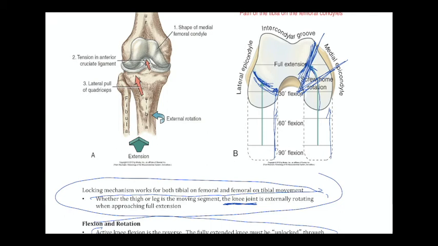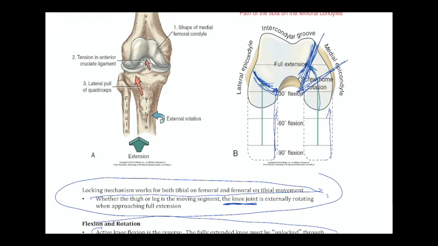The movement that causes the joint to externally rotate, though, changes. So external or lateral rotation of the tibia, or internal rotation of the femur, will help the screw home mechanism happen, depending on whether it's open or closed chain movement. But the knee joint itself is externally rotating to help lock it into place.